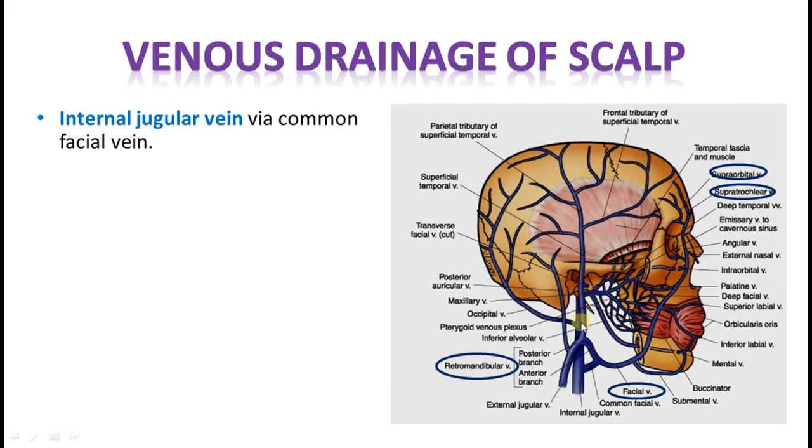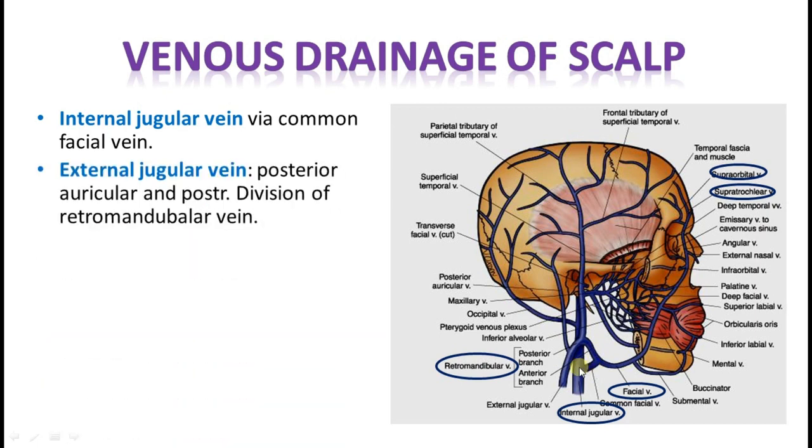This retromandibular vein divides into an anterior division and a posterior division. The anterior division of the retromandibular vein joins with the facial vein to form the common facial vein, which drains into the internal jugular vein. So supraorbital and supratrochlear forming the facial vein, joining with the anterior division of the retromandibular forming the common facial vein, drain into the internal jugular vein.